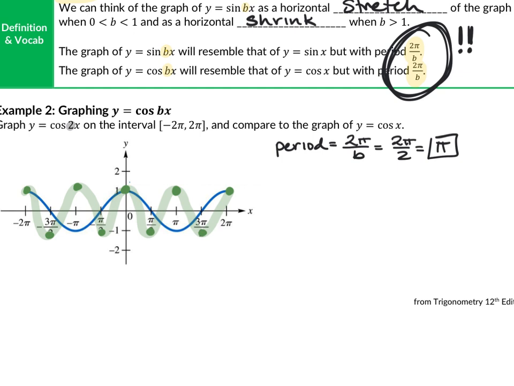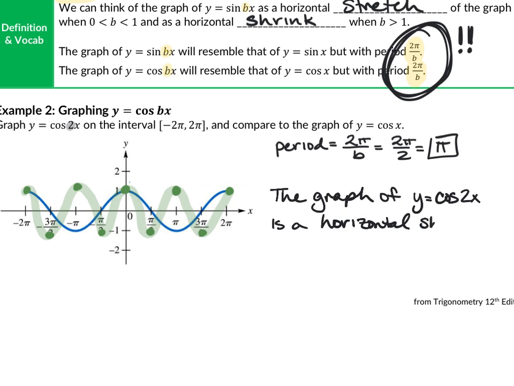So if we're comparing it, not using the word frequency, but using our transformation language, we would say the graph of y equal to cosine of 2x is a horizontal shrink by a factor of 1/2 of the graph of y equals cosine of x.